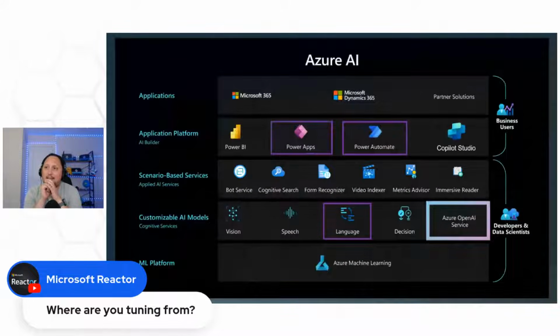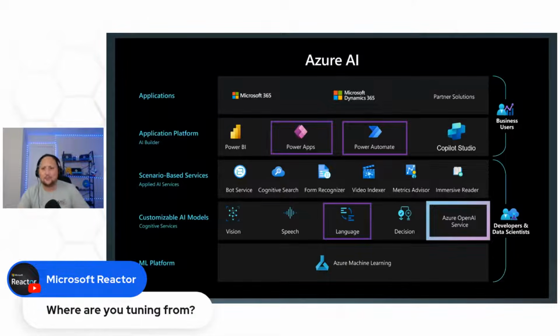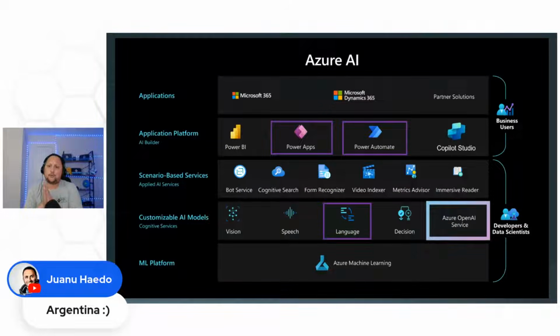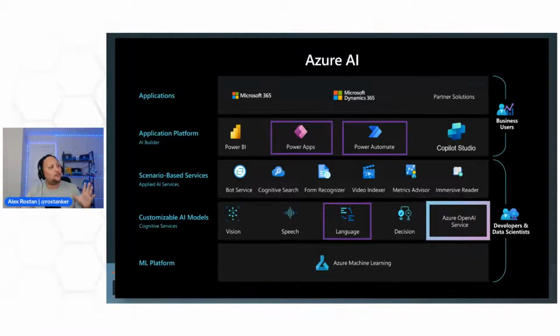I have this slide here about Azure AI, and it is just a simple slide, but I want to show you that when we talk about Azure AI, it's not just machine learning or just models.